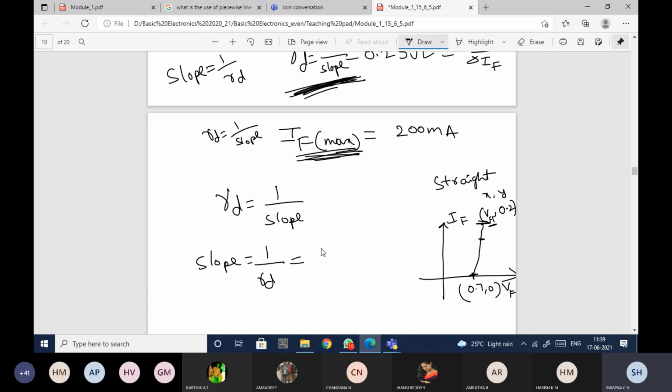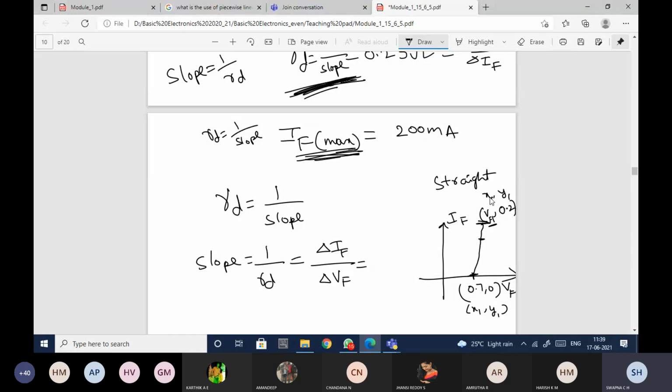Slope is given by y2 minus y1 by x2 minus x1. Here y is IF, so it is change in IF divided by change in VF. Let me name this as x1 y1, and this I'll name as x2 y2.